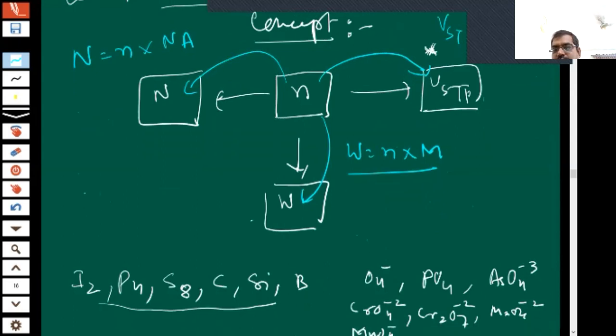I told you earlier, molar weight you can find in this form also: gram atomic weight, GAW, gram molecular weight, gram atom, gram molecule, or simply you can say molar weight. How to calculate molar weight, I have explained earlier also. So just remember.